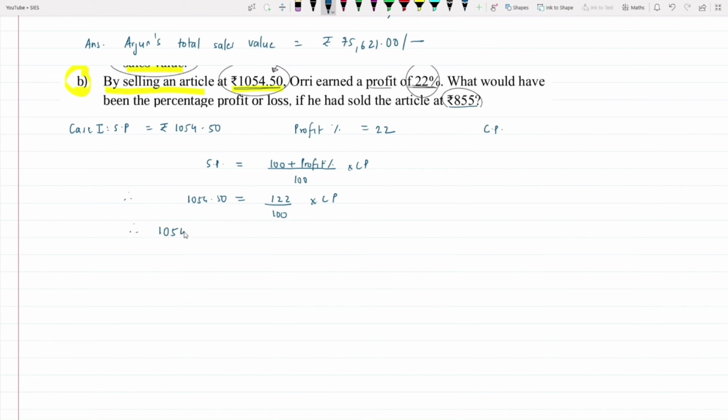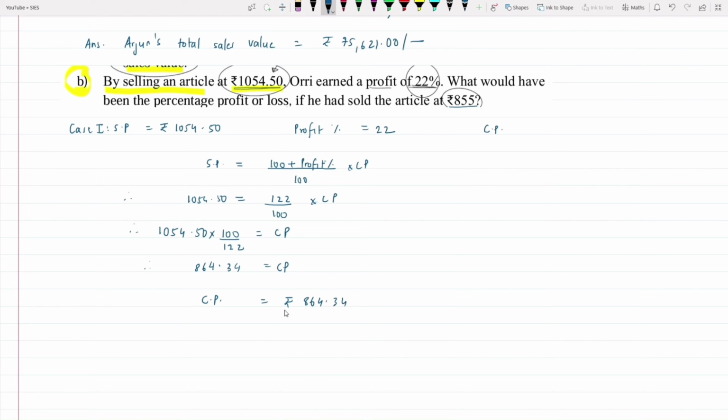So we get 1054.50 times 100 upon 122 is equal to CP. And on evaluation, we get that the cost price is 864.34. So the cost price of the article is 864.34.